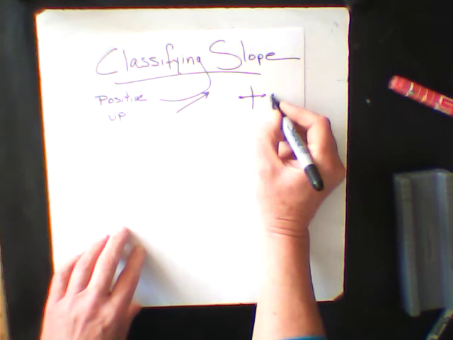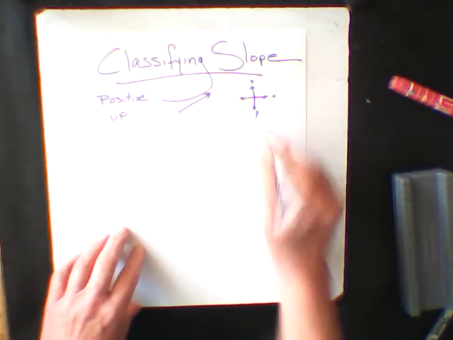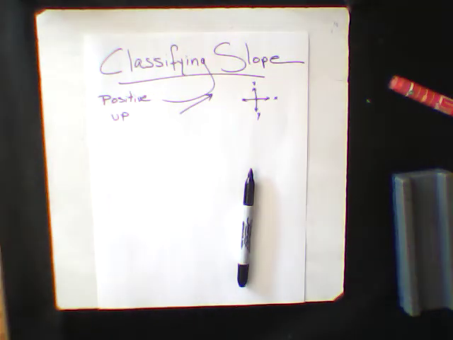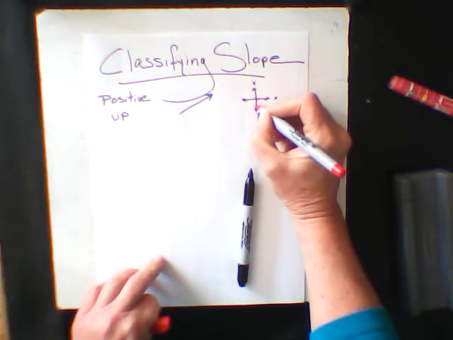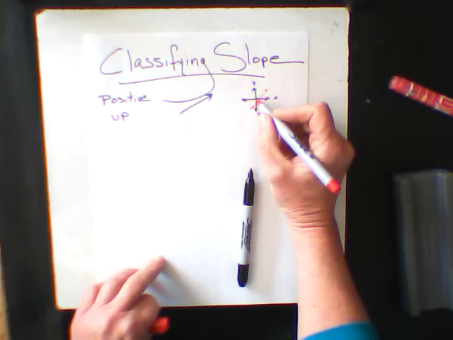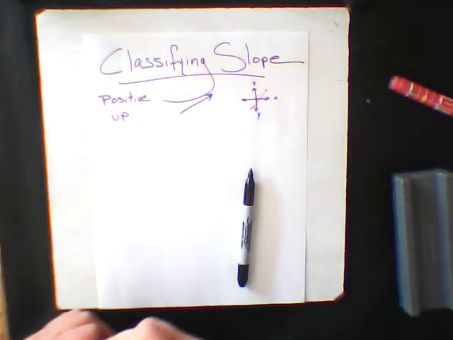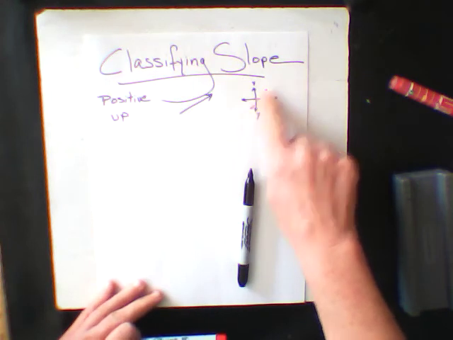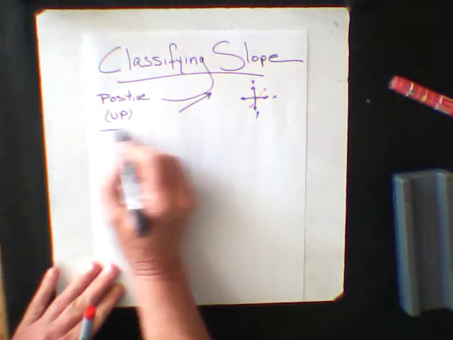So there you've got your x, there you've got your y, and I'll use a different color to put in a line with a positive slope. It might or might not go through the origin. It might or might not be a steep pitch. But as long as the line from left to right is going up, it is a positive slope.